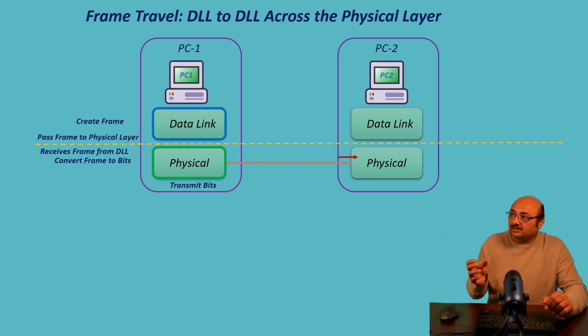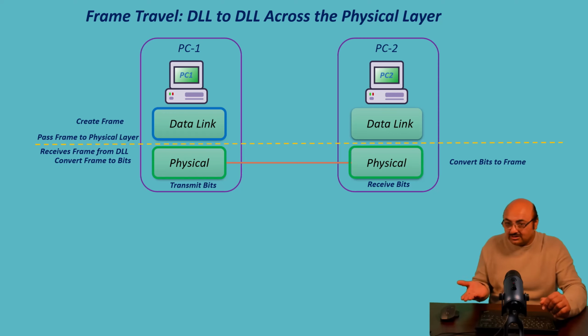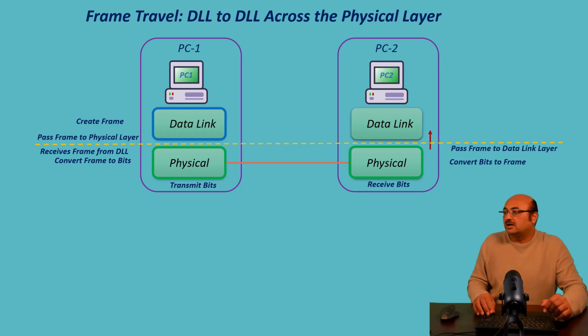The physical layer on PC2 is acting as the receiver and hence will receive the bits, convert these bits to frame, and once the frame is created, it will pass this frame to the upper layer, data link layer, like this. And when the data link layer receives it, it will process the frame.